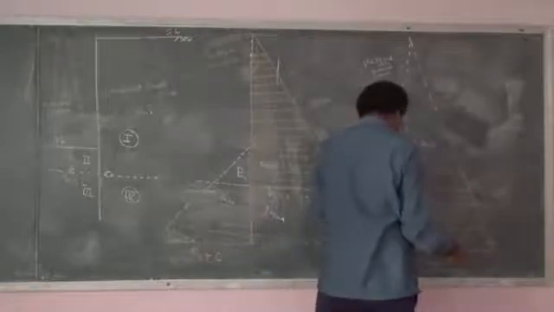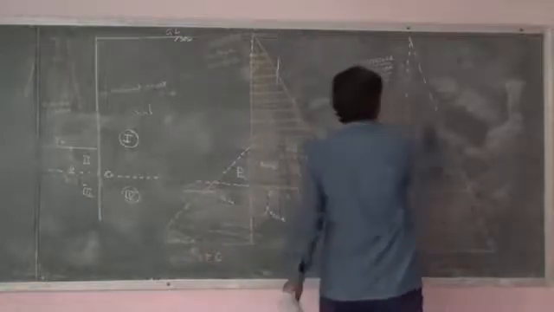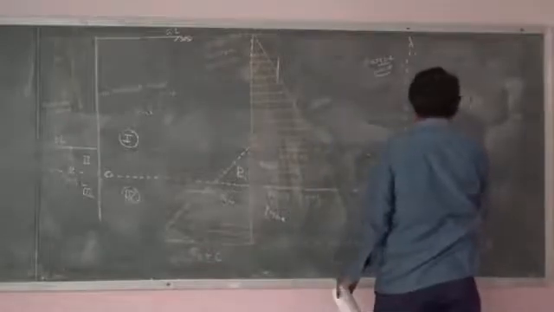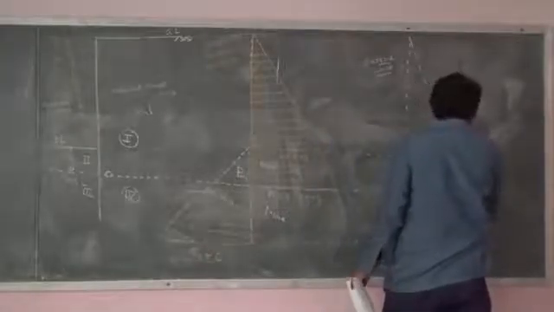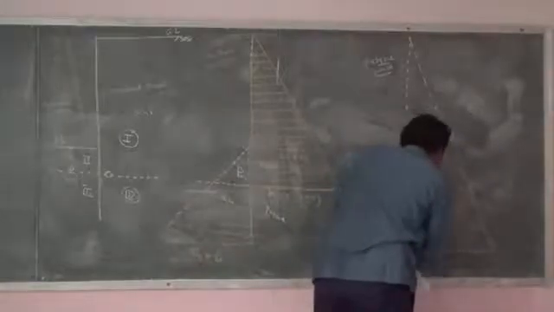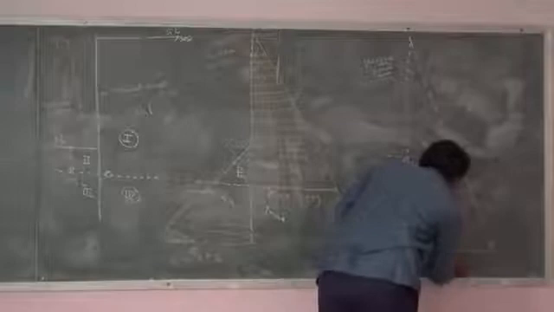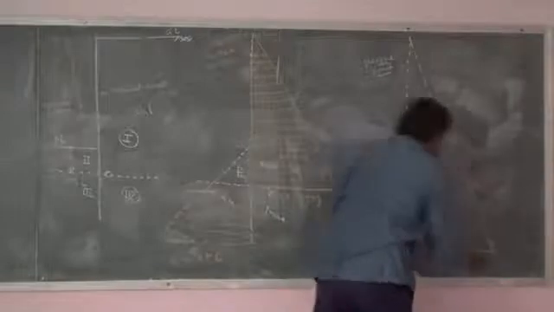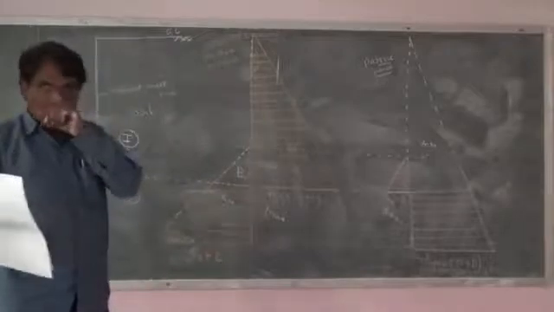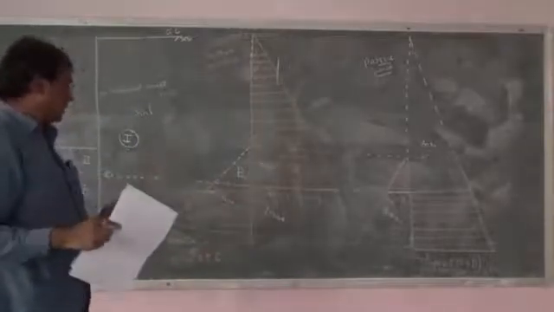For this entire triangle you have to take up to here it is h, and below this it is d. Therefore it is Kp into gamma into h plus d.